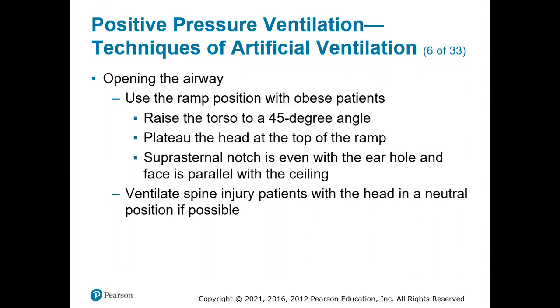Obese patients, you might have to come back a little bit just to get that neck into a good position, and you can certainly do that. Any suspected spinal injury patients, we're going to do a modified jaw thrust, and you're going to try to ventilate in the neutral position as much as you can.